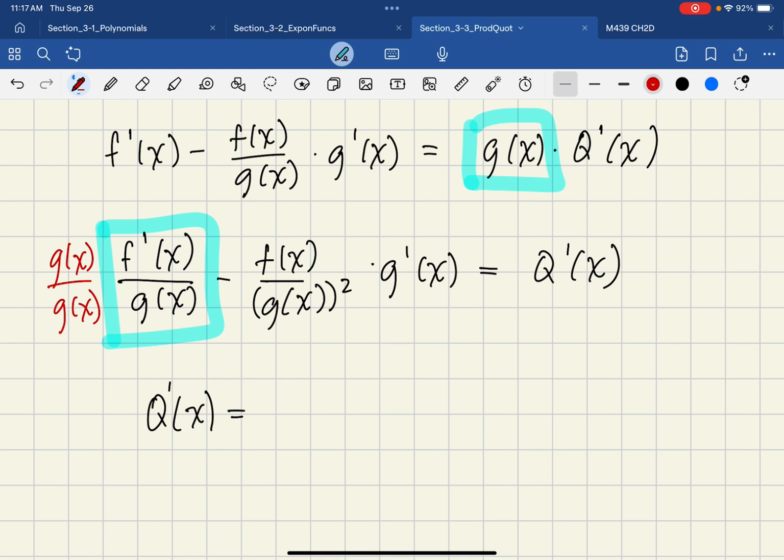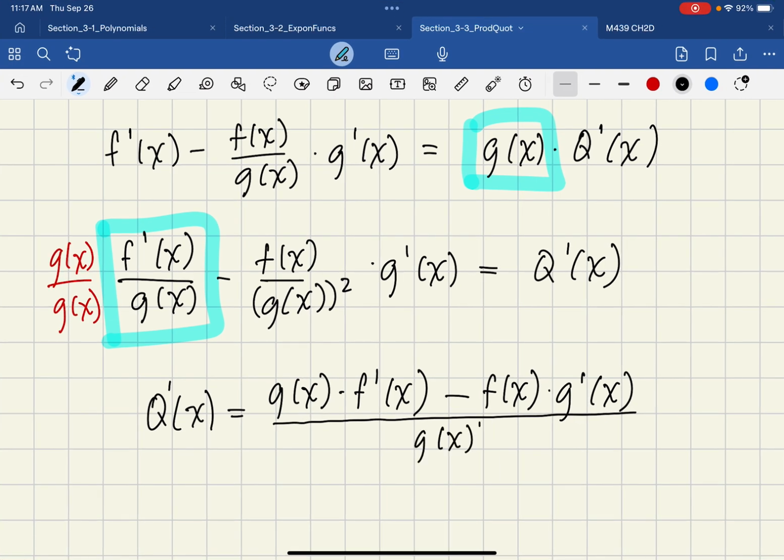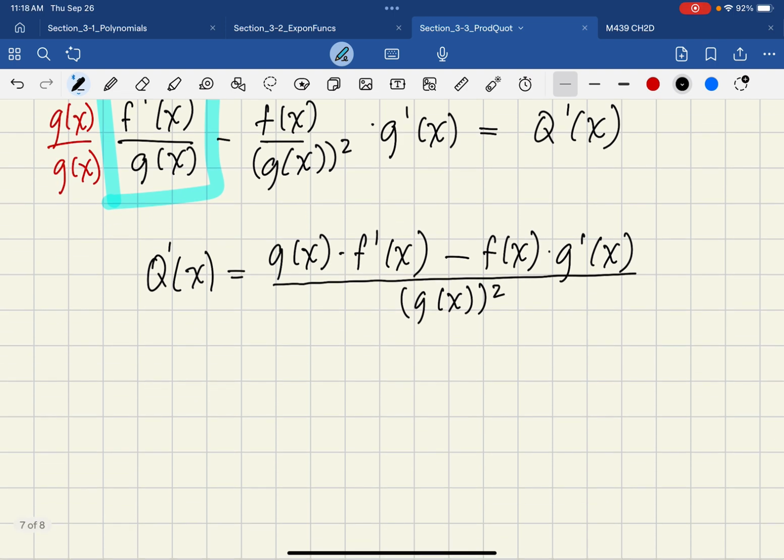So that first term would turn into g of x times f prime of x, and then the second term, with a minus sign in between them, would be f of x times g prime of x. And then we'd have this whole thing over g of x quantity squared, which I guess shows us the rule, right?